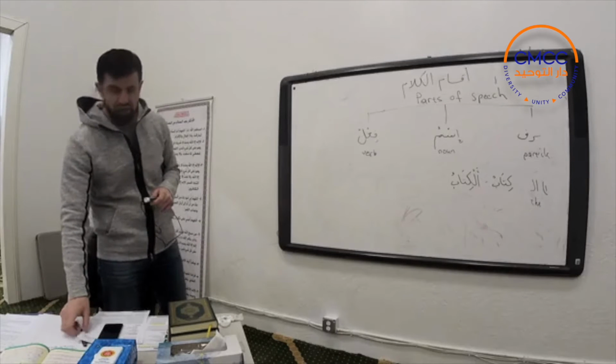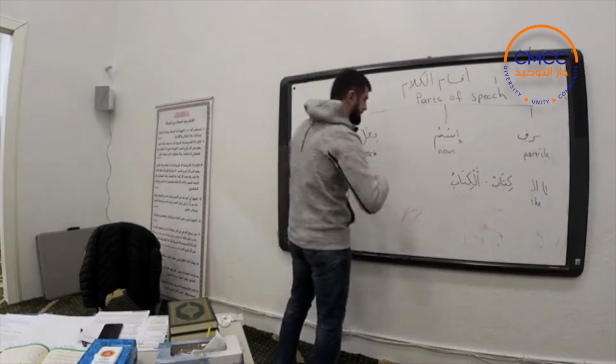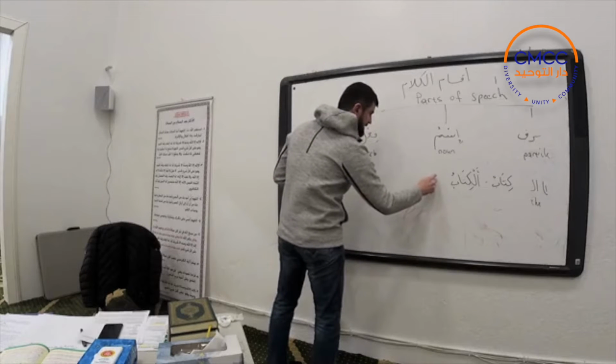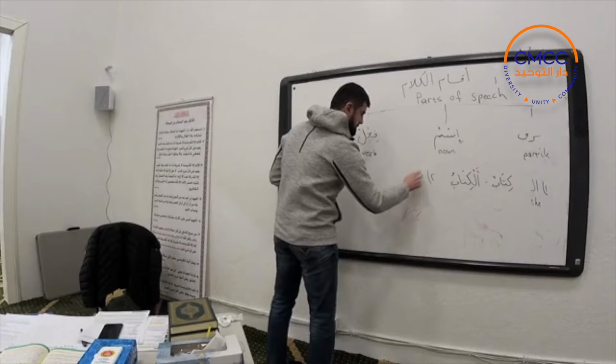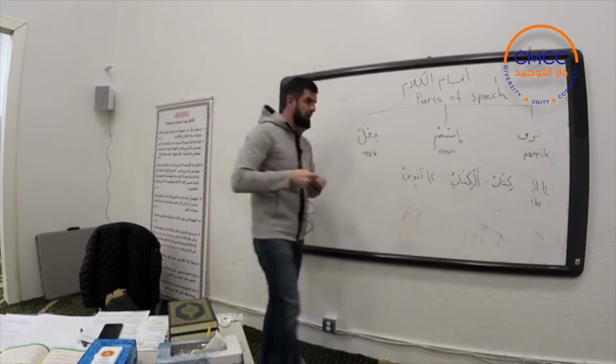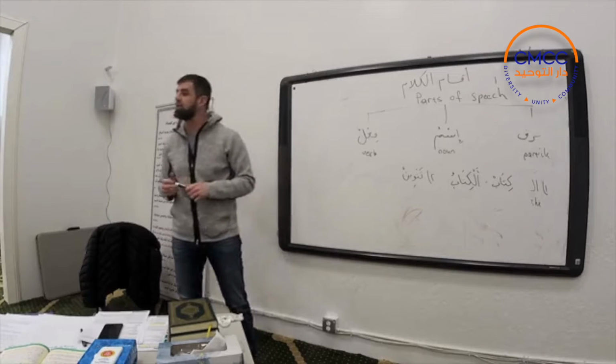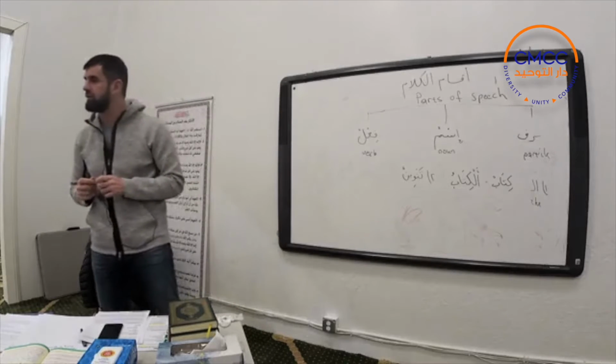So the second sign of al-ism is tanween, exactly. Tanween. And those tanweens are, who can mention them?